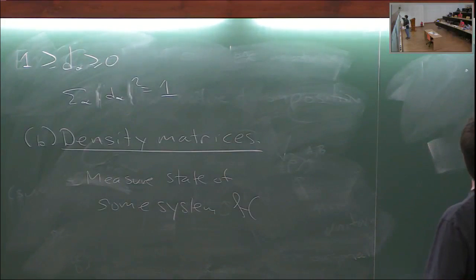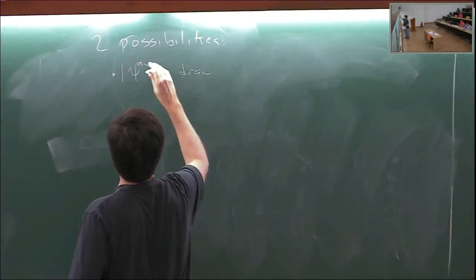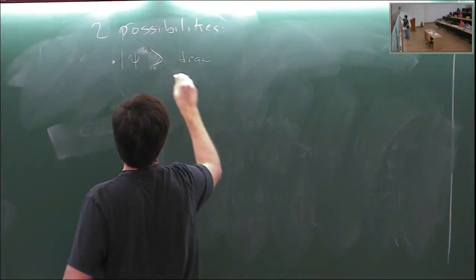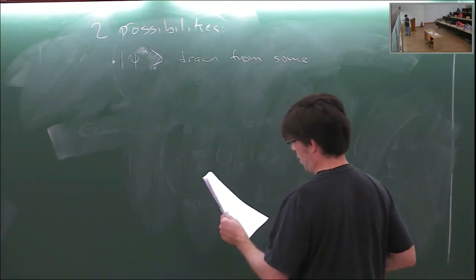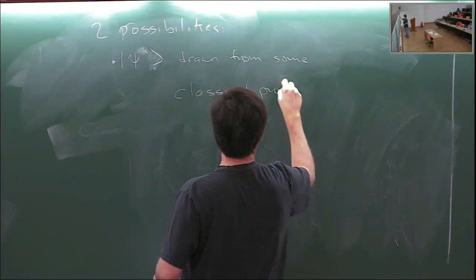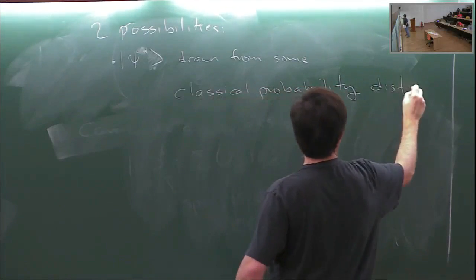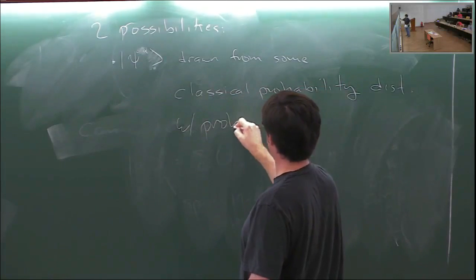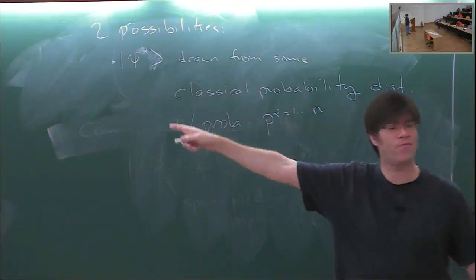One is that psi is drawn from some classical probability distribution with probability p sub alpha. So alpha can run from 1 to, say, little n. This isn't the same alpha as before. I'm just running out of indices.